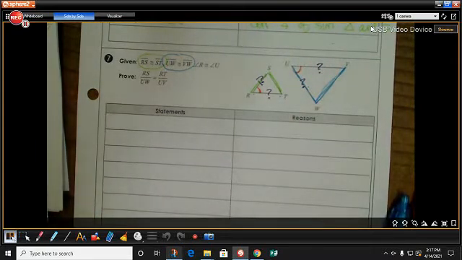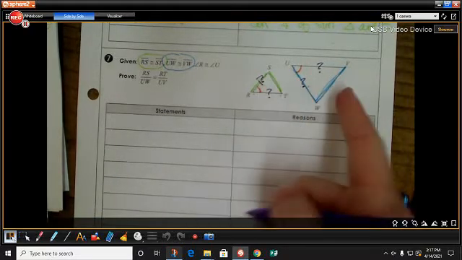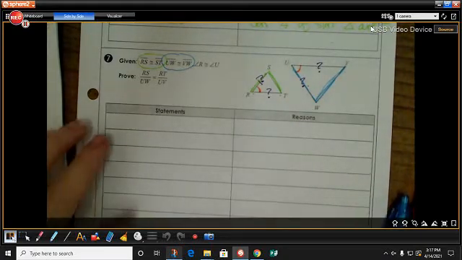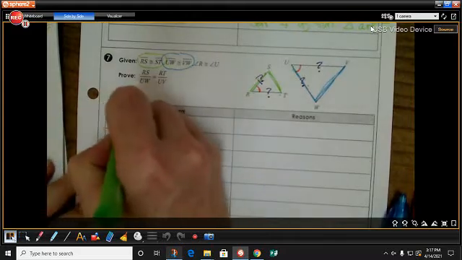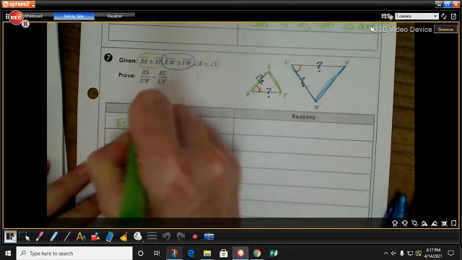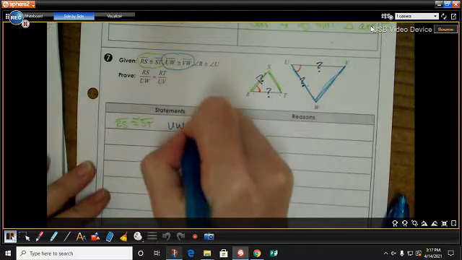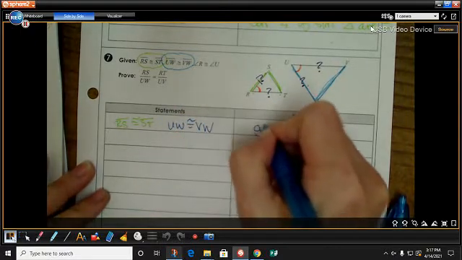Okay? So I don't know if those are proportional, but if I can prove that the triangles are similar, then I will know that those are proportional to each other. I'm going to start off with my givens. I was given that RS is congruent to ST, and I know that UW is congruent to VW. That was just what I was given.